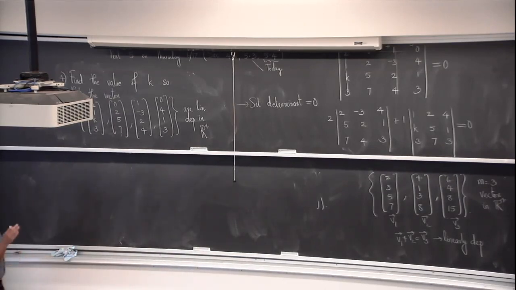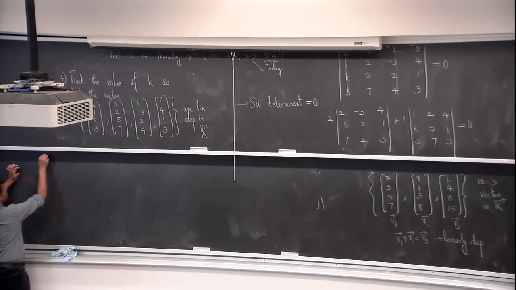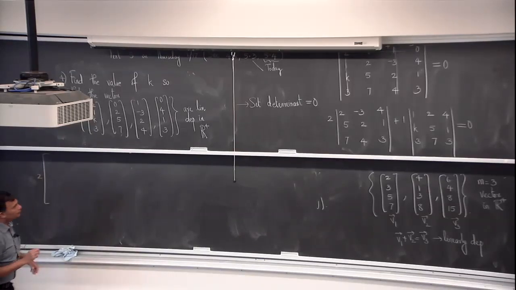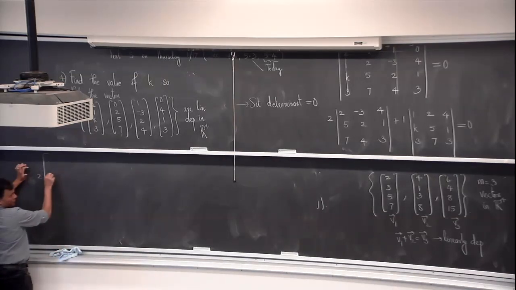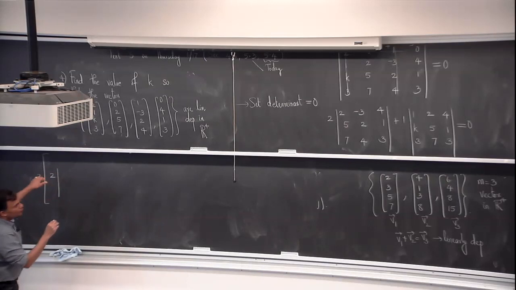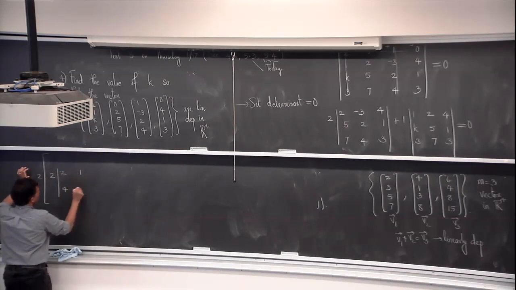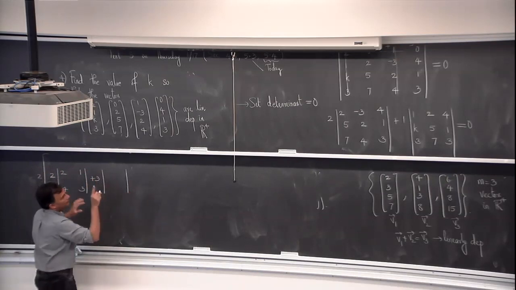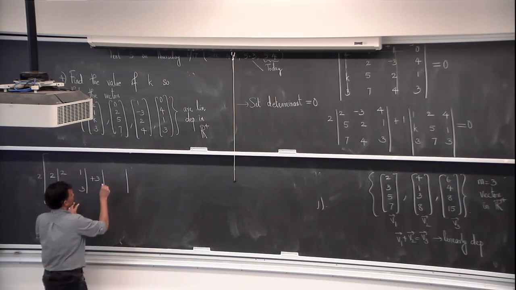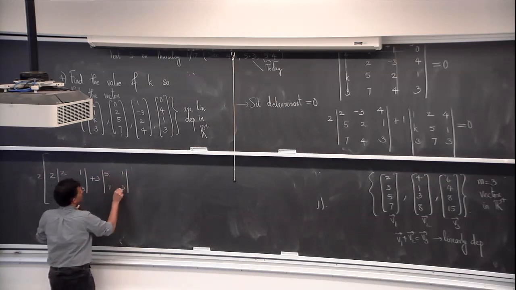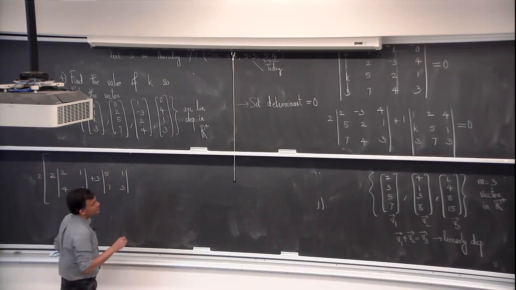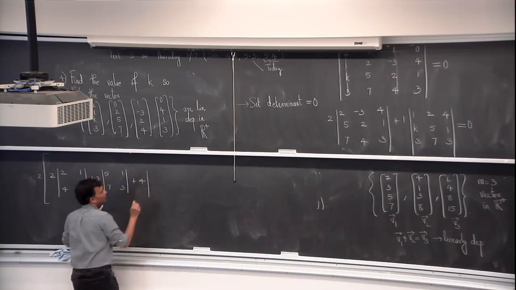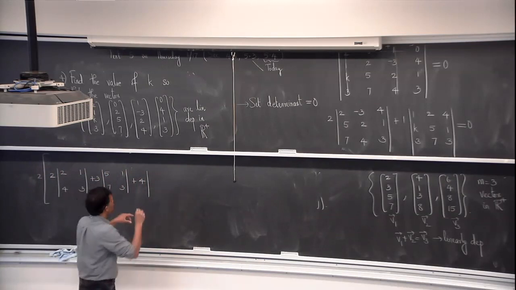All right, so I'm going to just do the 3 by 3s using the first row. That's 2 times the first 3 by 3, which is 2 times 2, 1, 4, 3, minus negative 3, it's plus 3 times its minor, 5, 2, 5, 1, 7, 3, plus 4 times 7, 4.